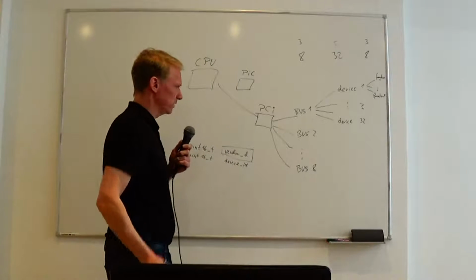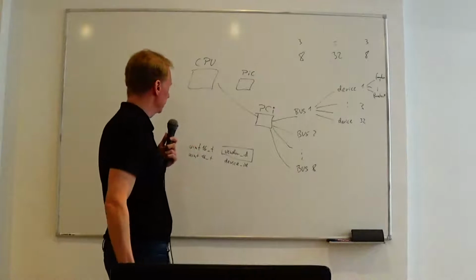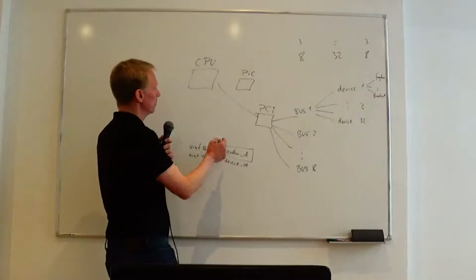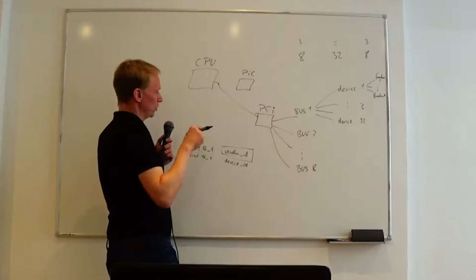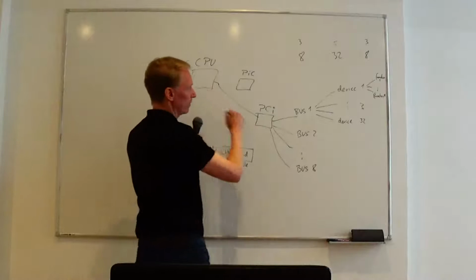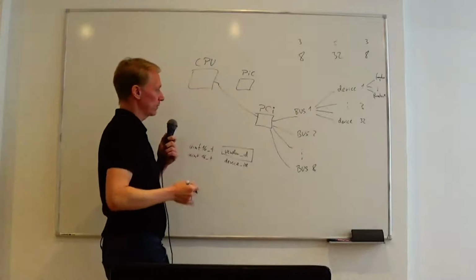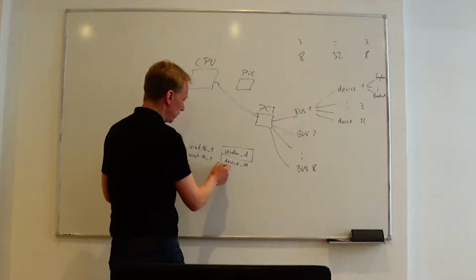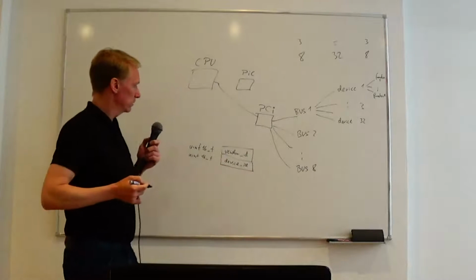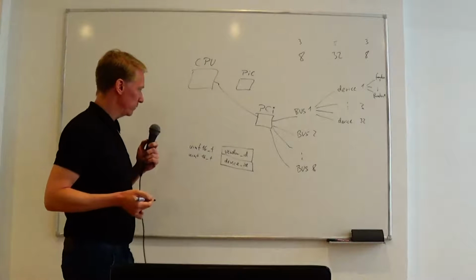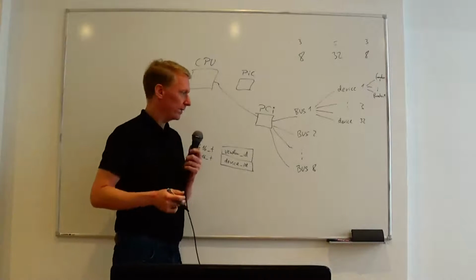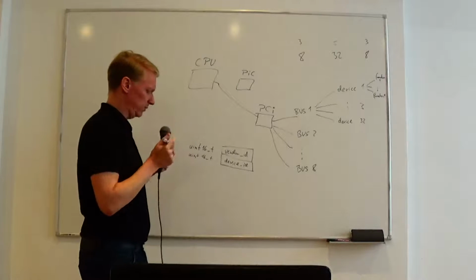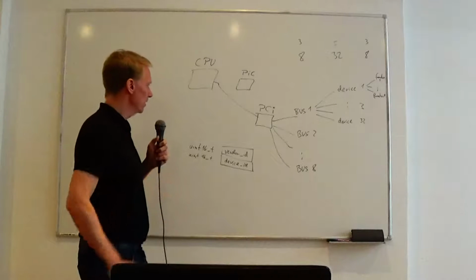I think smaller vendors share IDs, but this is really a very useful information when you want to decide which driver you want to instantiate to talk to a certain device. Okay, and every vendor can have up to 65,536 different devices. Okay, I think there are even vendors who have multiple vendor IDs, but whatever.